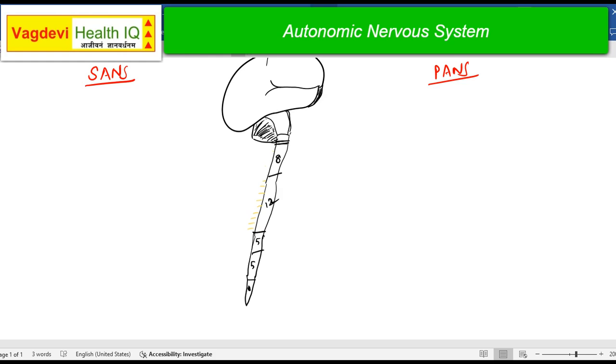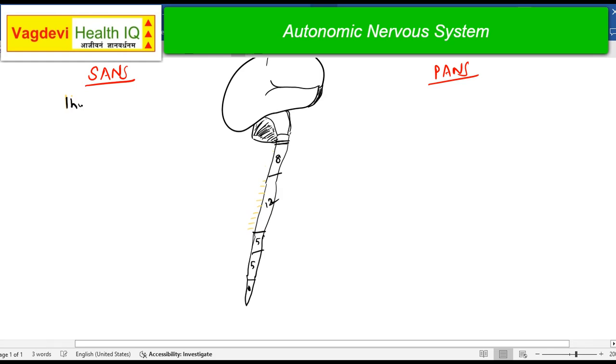But I'm not looking for this, because I understand that as students you would have mugged up these things. I'm not worried about what the sympathetic nervous system does. What I want to ask is at which level it acts.